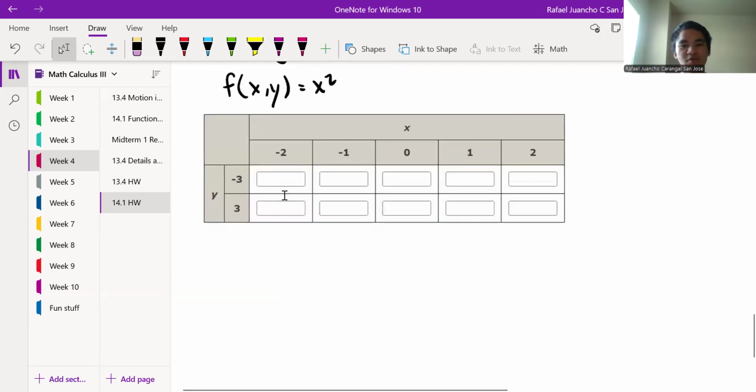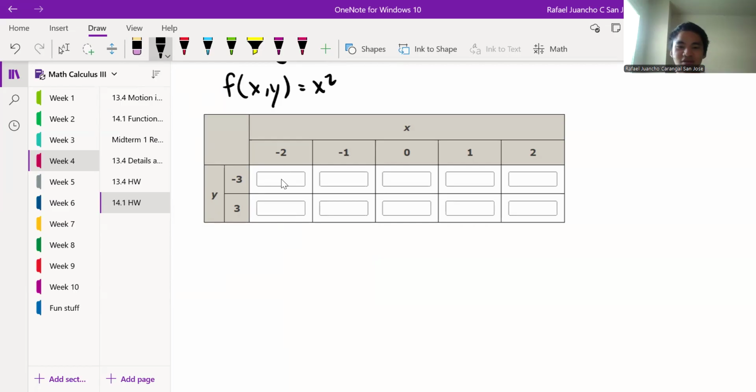And we're being asked to basically evaluate all of these, right? So in this case, what if I have f of -2, -3? Then f of -1, -3, and so on and so forth. What's funny is that I don't have to do anything to y. Whatever I get here, I also get down here.